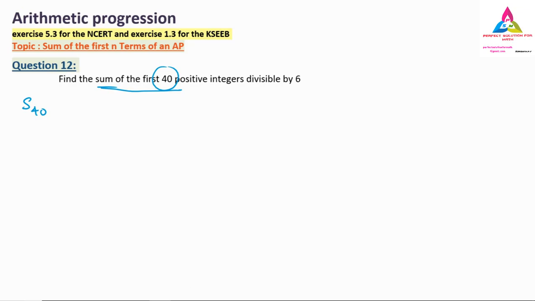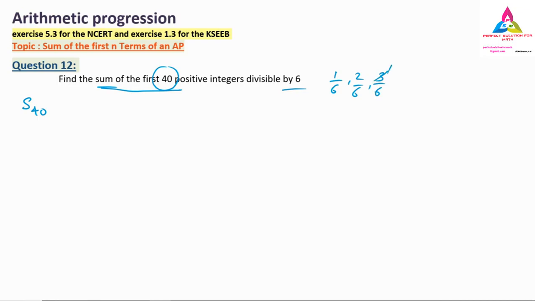Okay, so S40, positive integers divisible by 6. Which are the numbers which will be completely divisible by 6? Positive they are talking about, not negative. Positive integers, which is the first number divisible by 6? Whether 1 is divisible by 6, no. 2 will not be divisible by 6, 3 will not be divisible by 6.